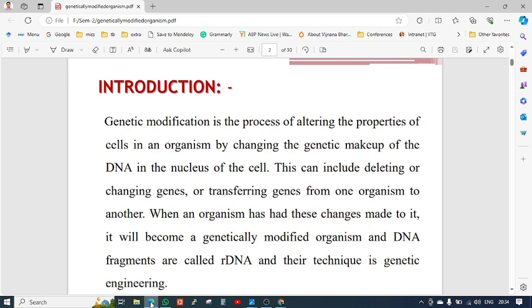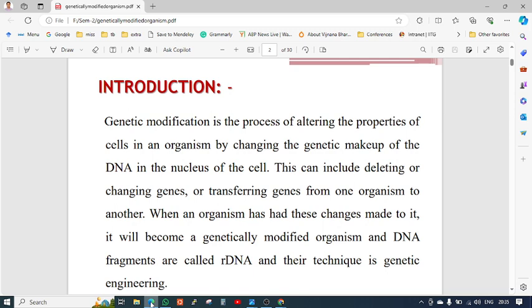According to our needs, we make modifications at the DNA and RNA level, chromosome level, and gene level. This can include deleting, changing, or transforming a gene. That means you can add something, delete something, or transform one form into another. So different types of modification are done according to our need.